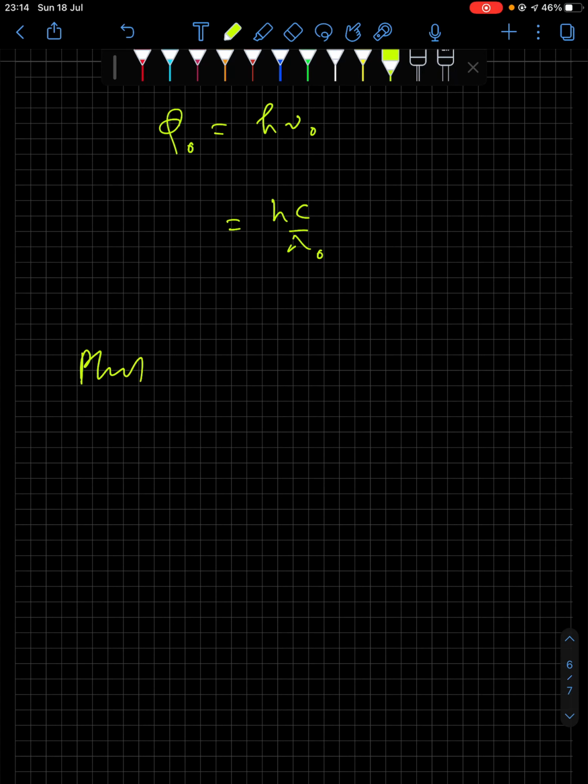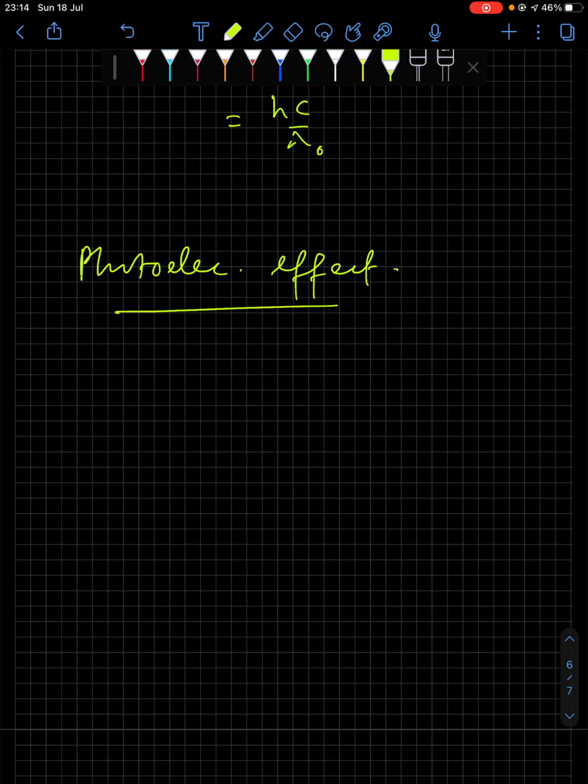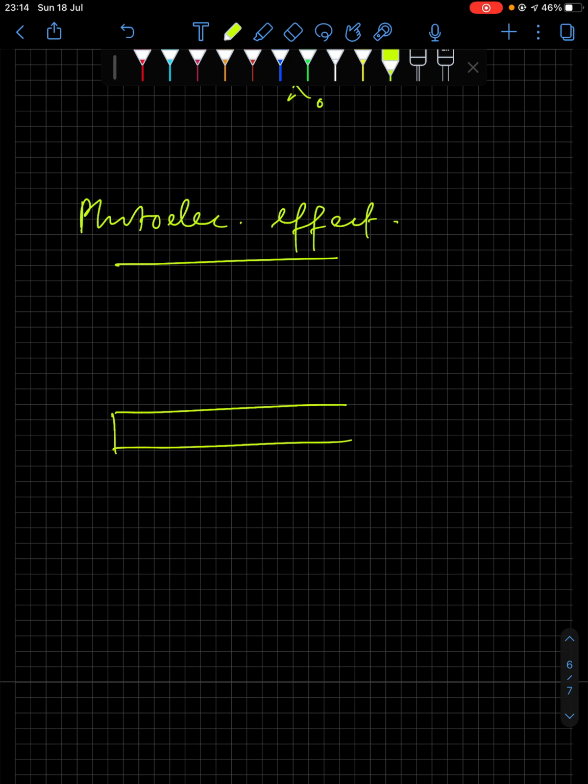Now, what is the photoelectric effect? It is the phenomenon of knocking out electrons from a metal plate with the incidence of high energy light, or high frequency light.